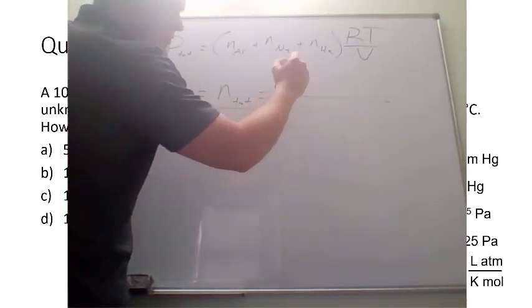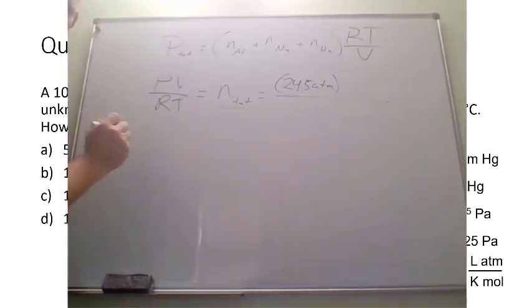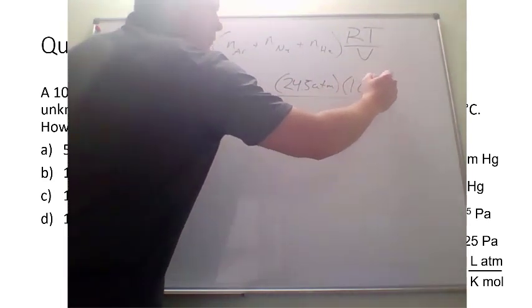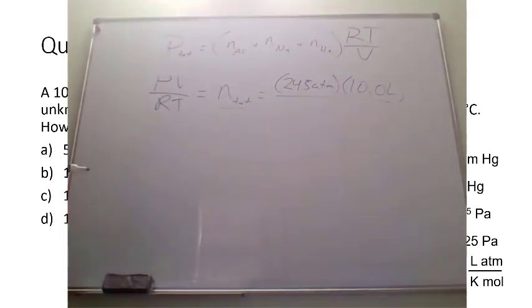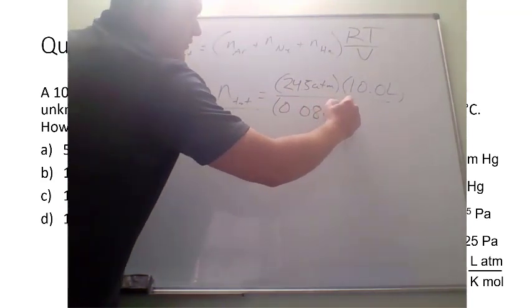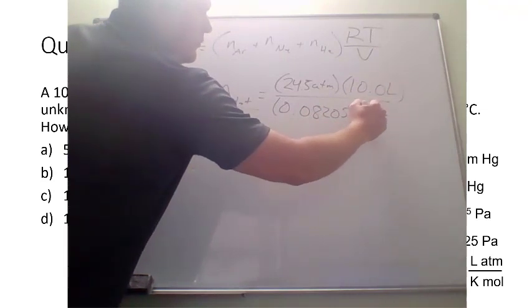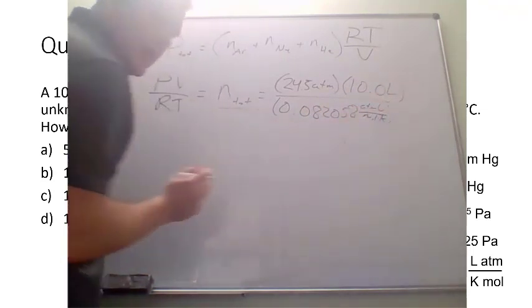So we know that our pressure is 24.5 atmospheres. We know our volume is 10.0 liters. We know our gas constant is 0.082058 atm liters over mole Kelvin.